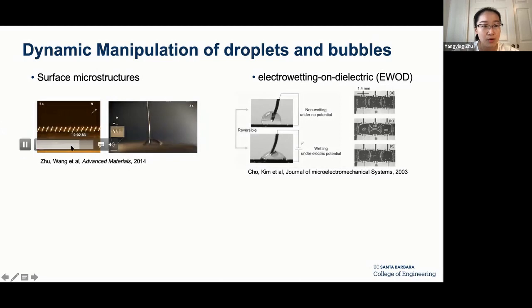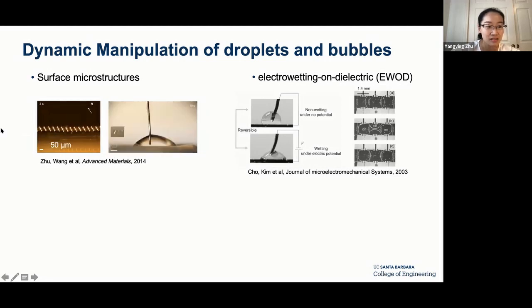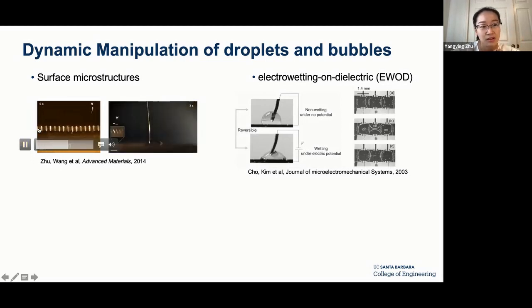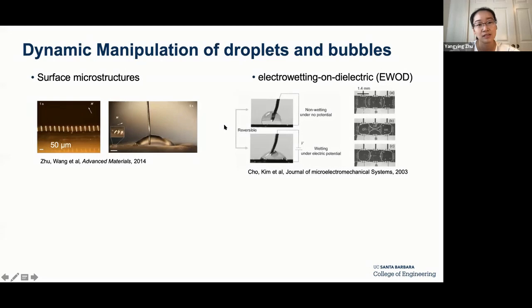So in this example, we fabricated magnetically tunable micro-pillar arrays. And they can actually tilt and move in a magnetic field. You can also coat the surface with wettability coatings to control its wettability. A simple example is when you put a droplet on such a surface, by just tuning the external field, you can tune where the droplets spread.